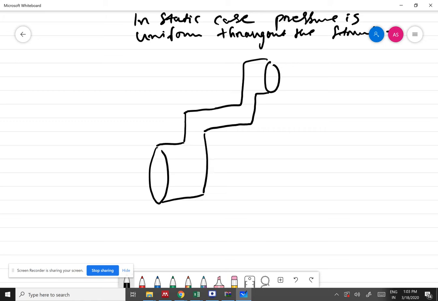If the fluid is not moving, the pressure is the same throughout the structure, because fluid movement only occurs in a pipe when there is a pressure difference. So if there is no movement of fluid, that would mean there is no pressure differential.